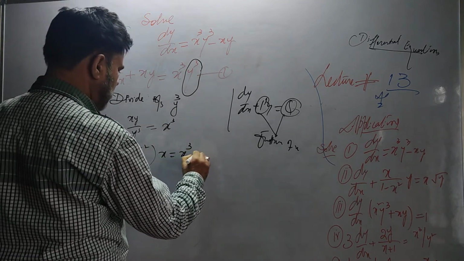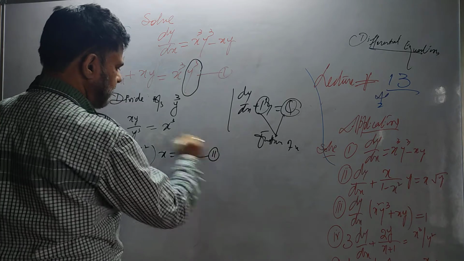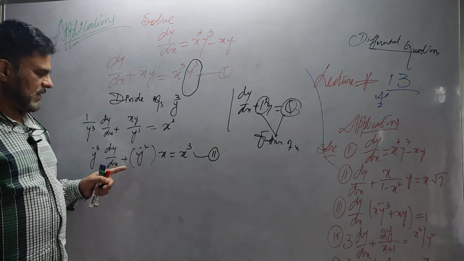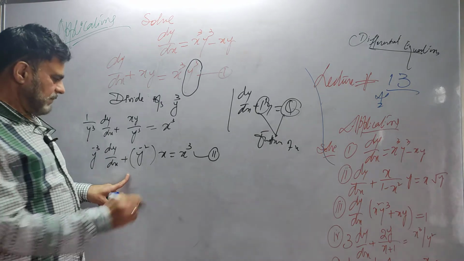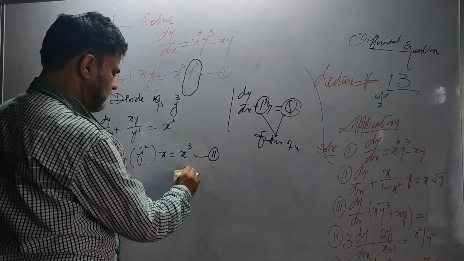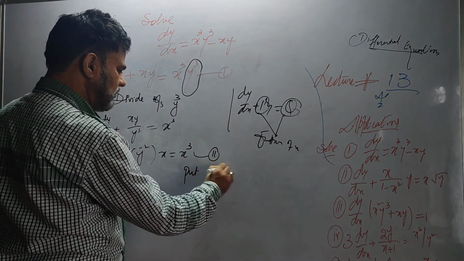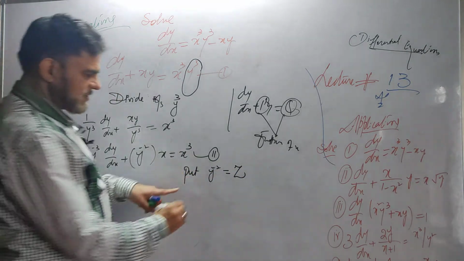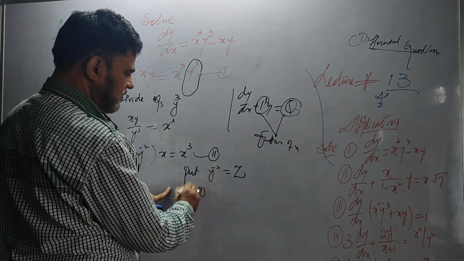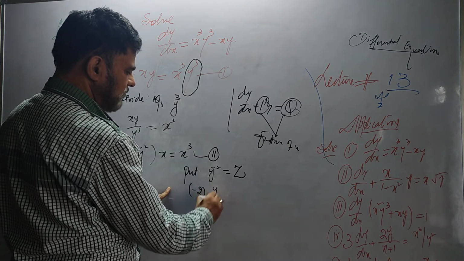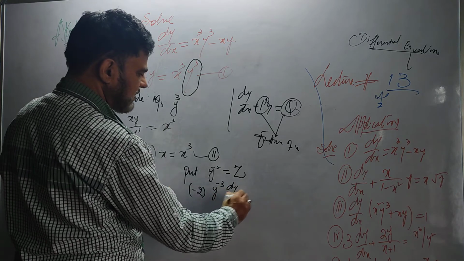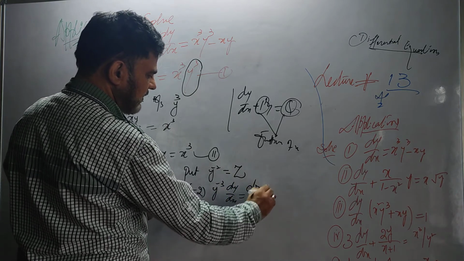This is your equation number 2. So we have divided by y cube, and this has got transformed into this. Let me now put y raised to the power minus 2 equal to z, to transform the variables. Differentiate this: minus 2 times y raised to the power minus 3 dy by dx is dz upon dx.